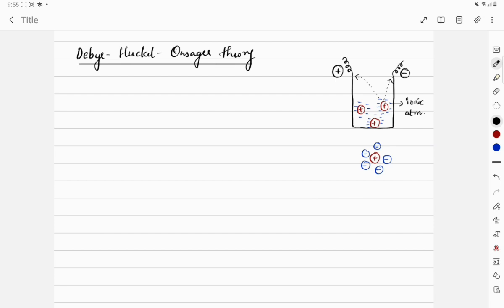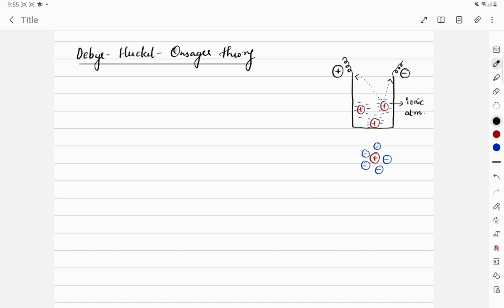But because of this ionic atmosphere, it is not very easy for these ions to move towards the oppositely charged potentials. Imagine if you had a system where the ions were all free, they would quickly move to their oppositely charged species. However, because they are internally also attracted to opposite charges, that means inside also this minus is slightly attracted to the positive charge.